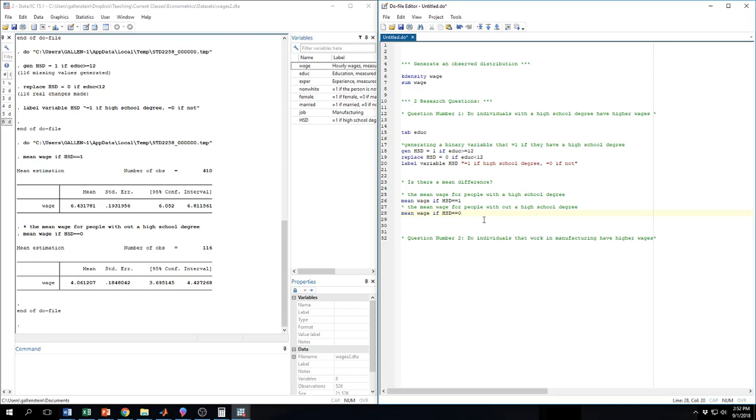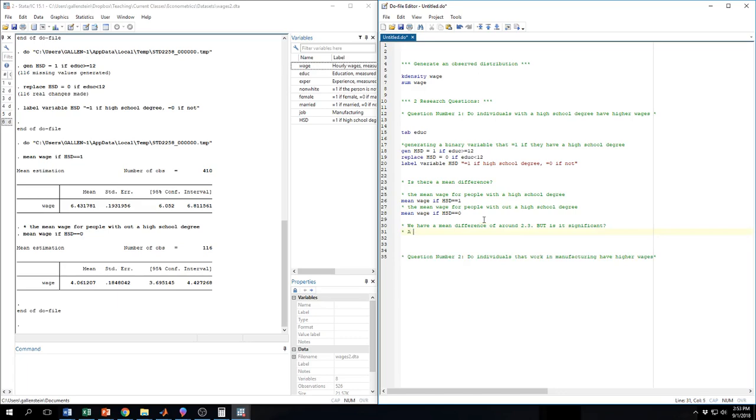We need to do a hypothesis test to see whether or not that's significant. So we have a mean difference of around 2.3. But is it significant? By significant, what do we mean?